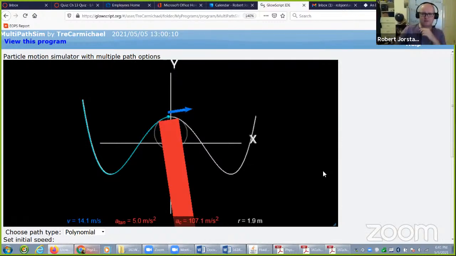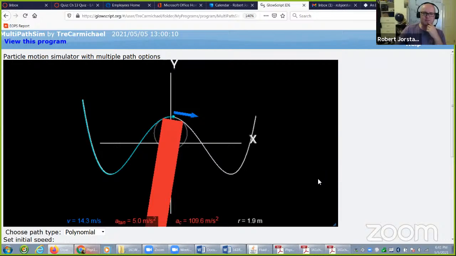So right here, look at the required downward acceleration. It's not perfect. Let me see if I can. Oh, I went a little too fast there, but right now, which component of the acceleration is approximately equal to the downwards acceleration? AC. Is your weight going to hold you on this track? Probably not.